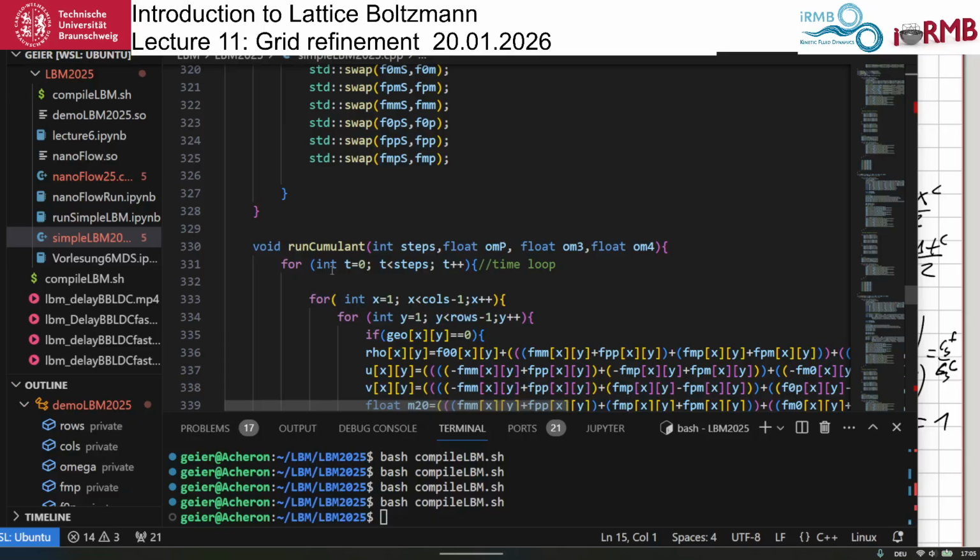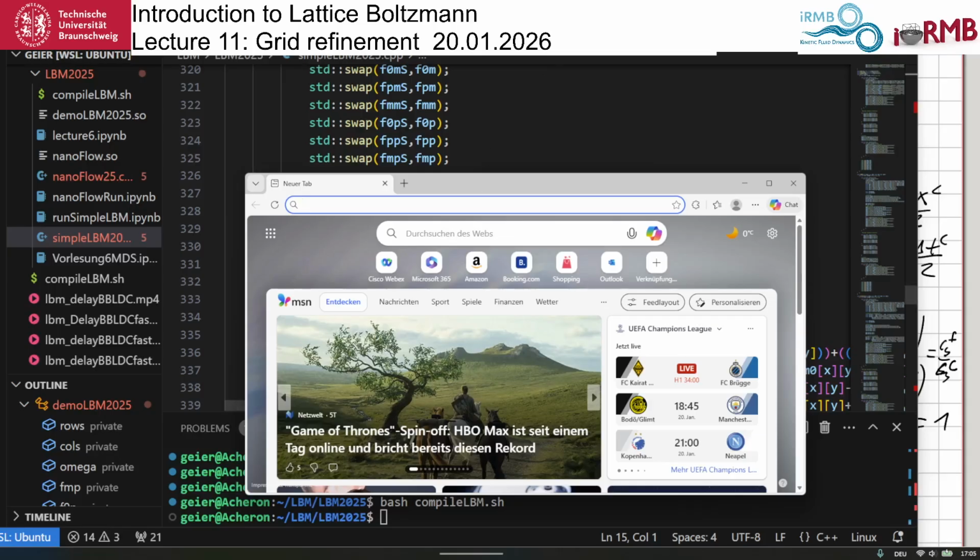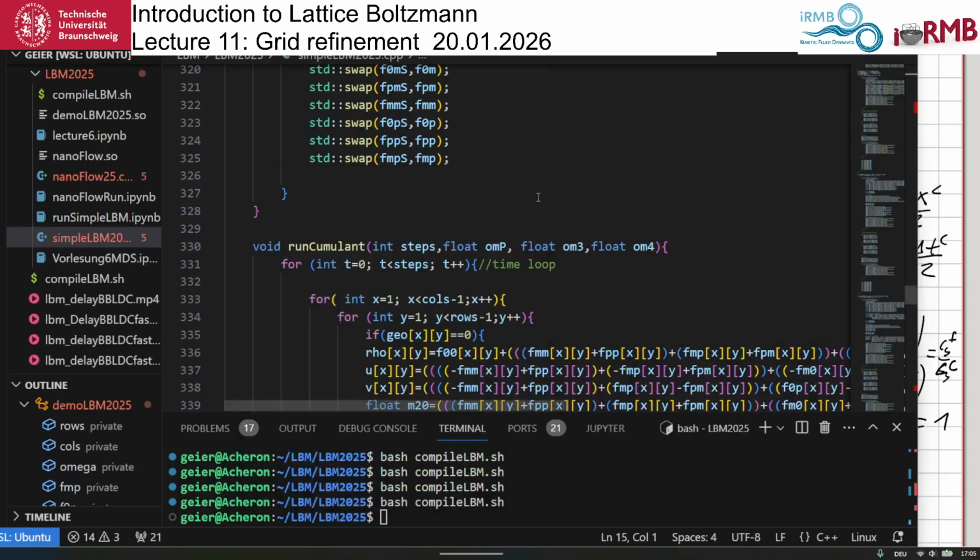Okay, let me start with one thing. Doing this correctly, you have to think about a data structure, for example a tree where you resolve your space. The simplest way I can think of, and this is not an efficient way, is just to use a patch.